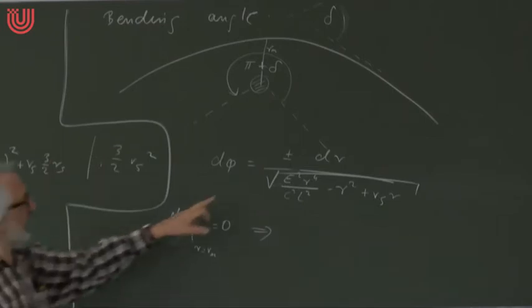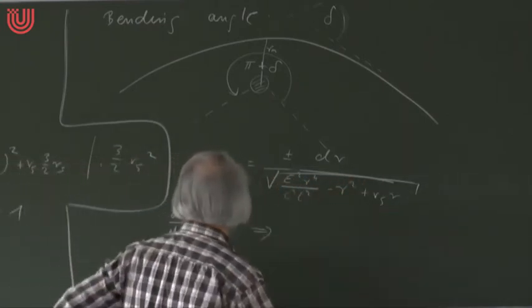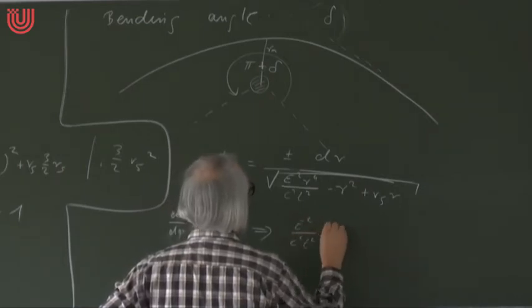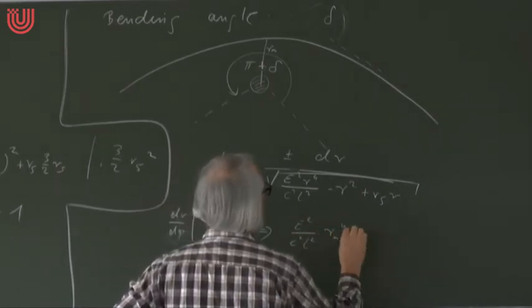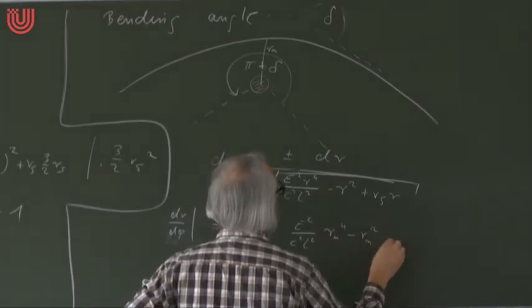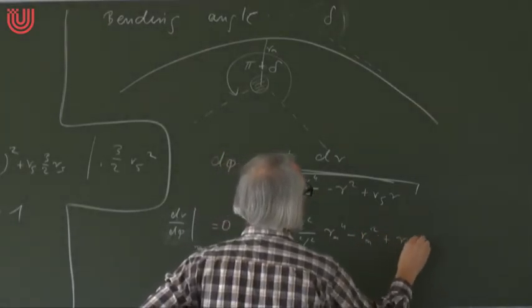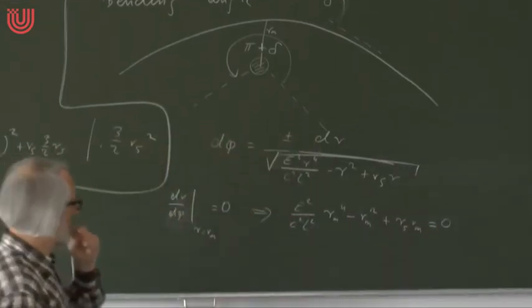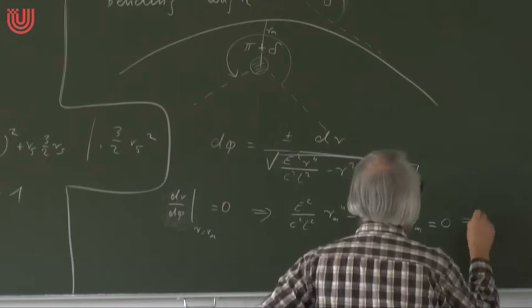The dr by d phi is just this square root, so we must have E squared over c squared L squared Rm to the 4 minus Rm squared plus Rs Rm is 0, and this gives me E squared over L squared in terms of Rm.